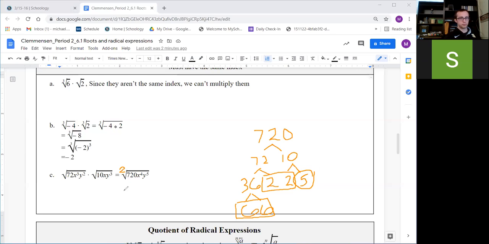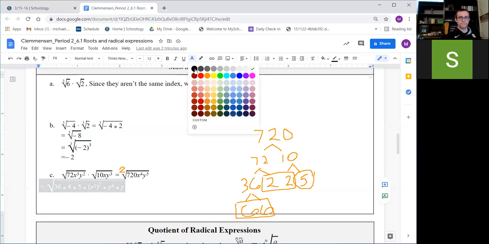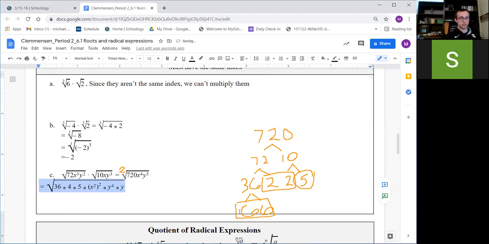All right. So this is what I end up with. 36 from the 6s, 2 times 2 with the 4s, and the 5s left over. Right? So that's for my regular numbers. Now with the other ones, the x to the 4th and the y to the 5th, I need to change those into squares as well.